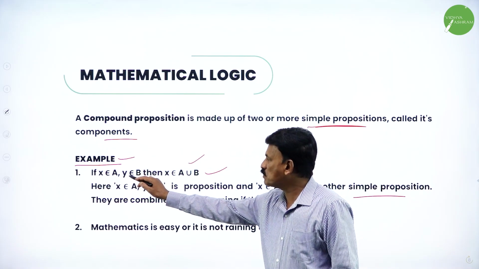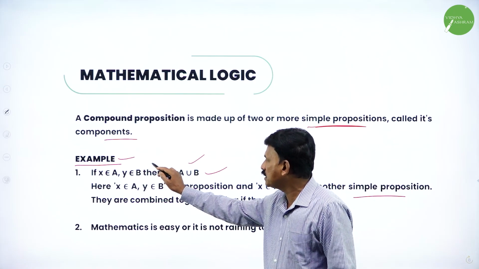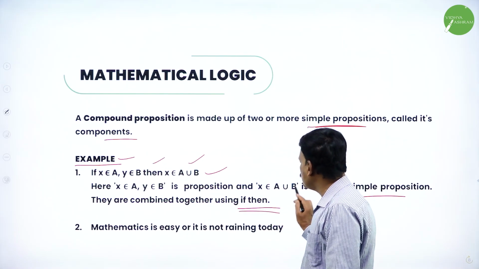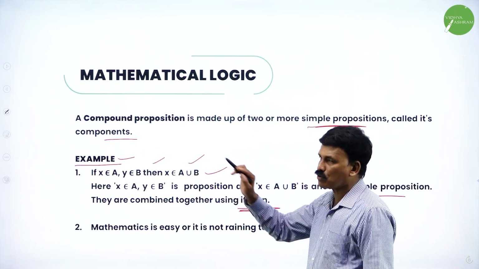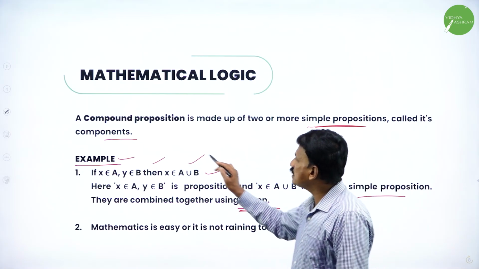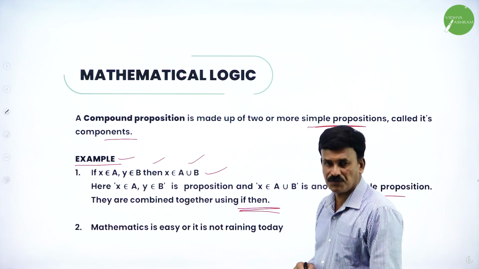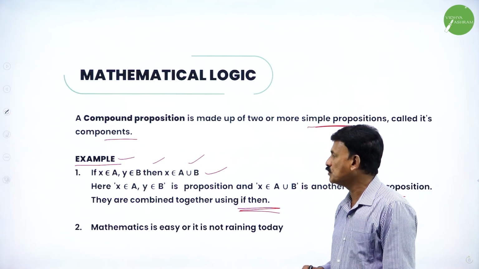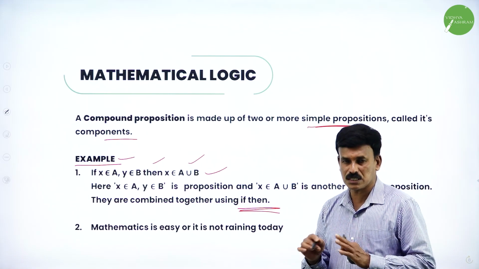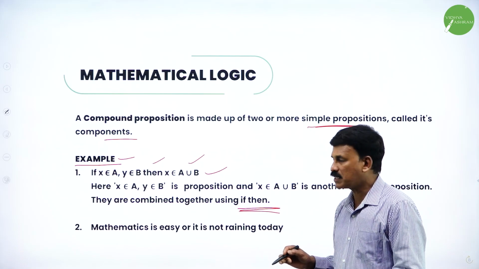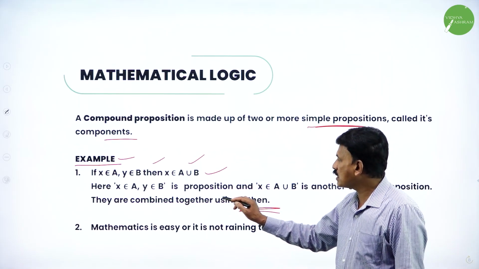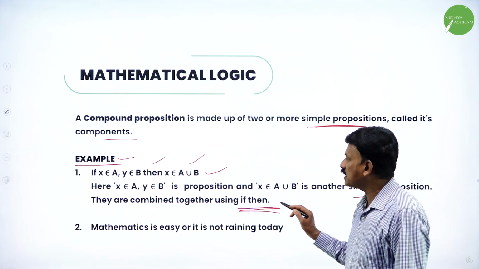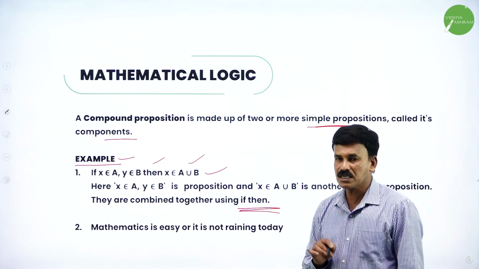If-then is called the connective. For this there is a special symbol that I will explain later on. So they are combined together using if-then, that is called a logical connective.